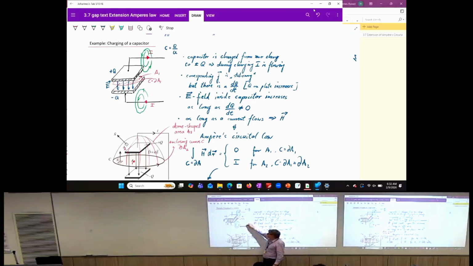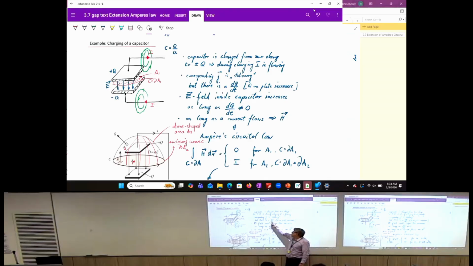During the charging process, if you just look at the wires, this seems to be like a stationary current. But as soon as you are moving towards this capacitor element, there's a violation in the assumption that we are dealing with a stationary current problem, because we had said earlier that stationary means that the charge is not accumulating in a volume.